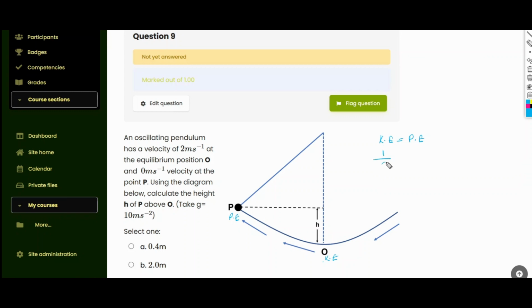So we know that kinetic energy, half mv square, is equal to potential energy, which is mgh. So our m can cancel out. So making h the subject of the formula, h equals v squared over 2g. So our velocity is 2 squared over 2 times 10, which is 4 over 20. So 4 over 20 is equal to 0.2 meters.